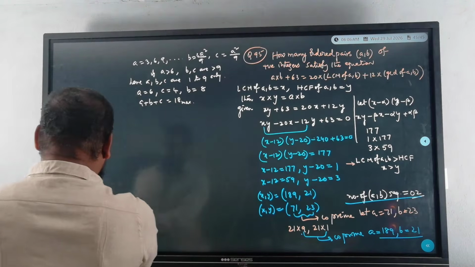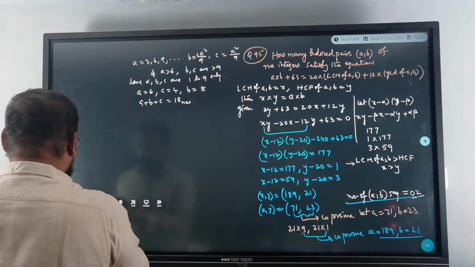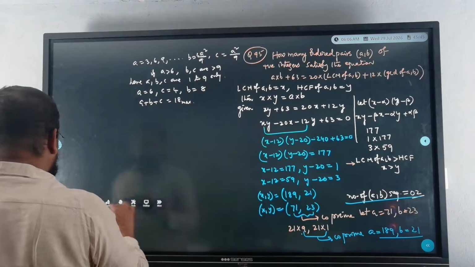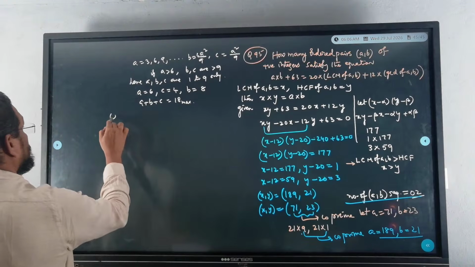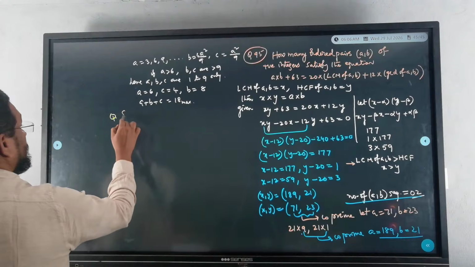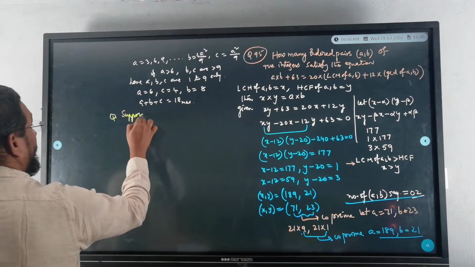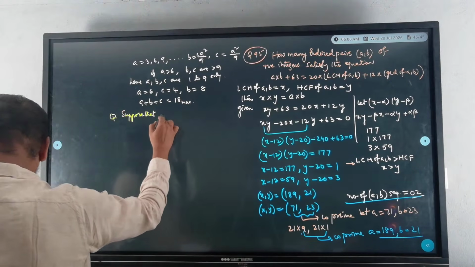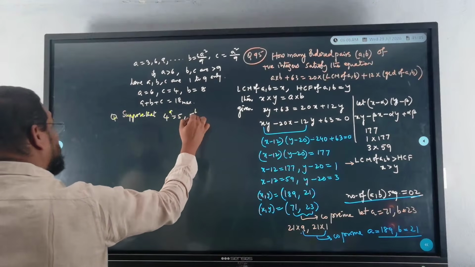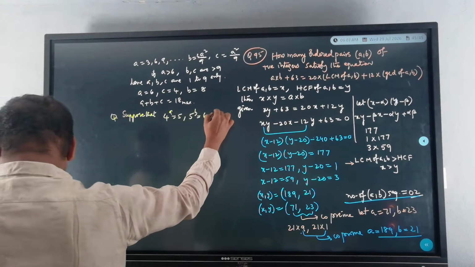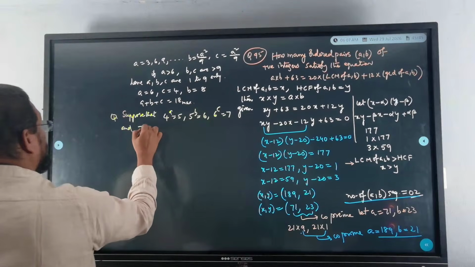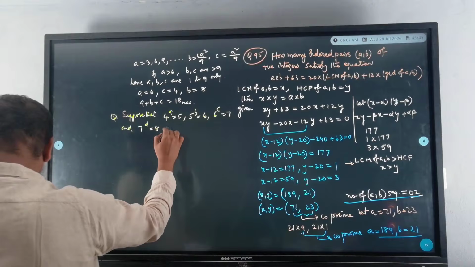See the next question. Suppose that 4 power A is equal to 5, 5 power B is equal to 6, 6 power C is equal to 7, and 7 power D is equal to 8.